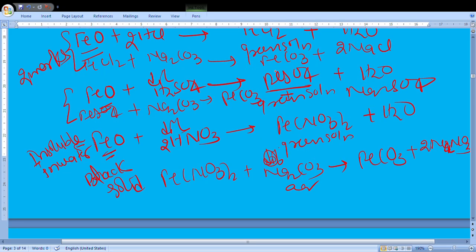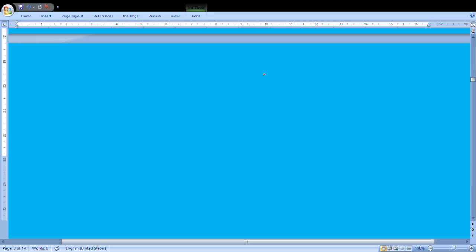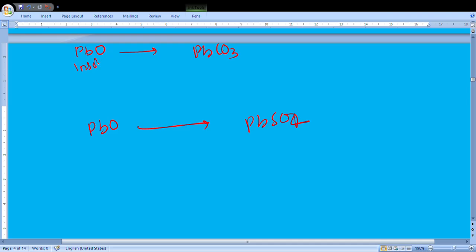Now next is, if you want to prepare PbO to PbCO3, yeah, PbO to PbSO4, right? So both are insoluble. This PbO is insoluble, it is a yellow solid, and PbCO3 and PbSO4 are white solids.